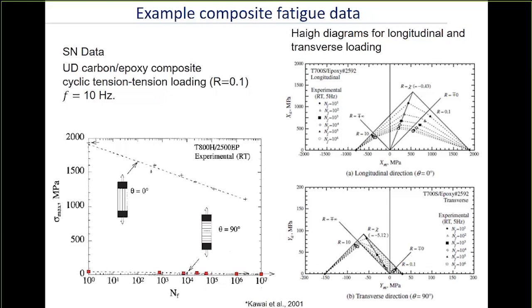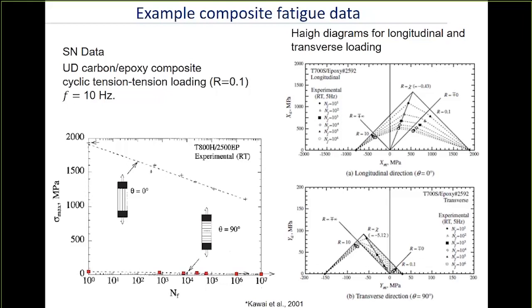So what we're looking at in the left-hand plot here is our SN curves for coupons cut parallel to the fibres, and coupons cut transverse to the fibres, or 90 degrees.